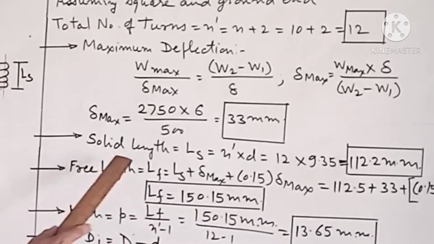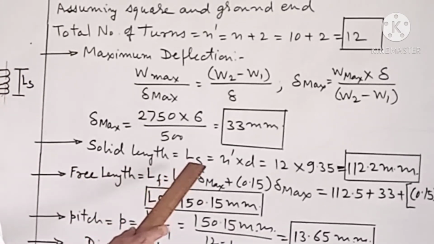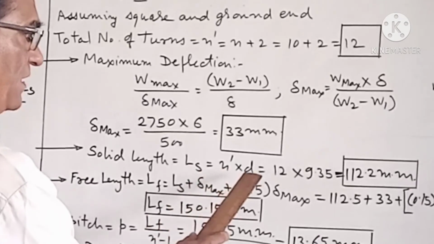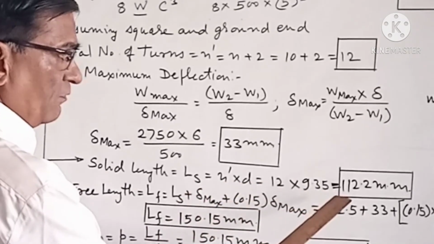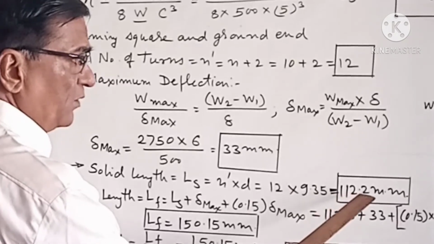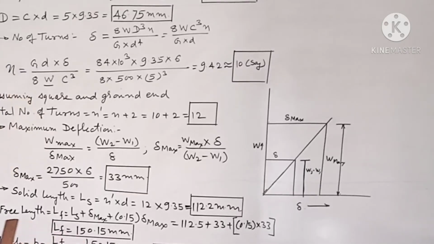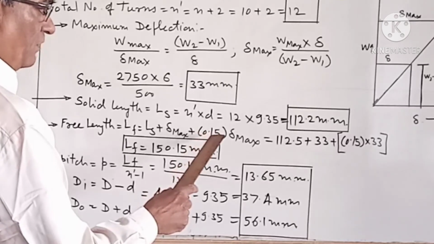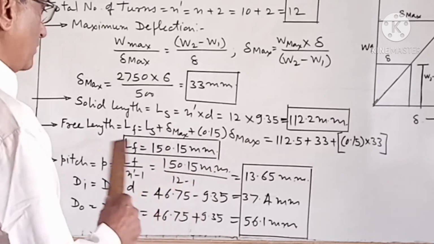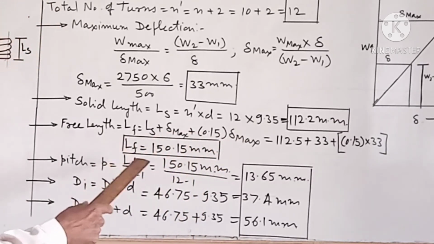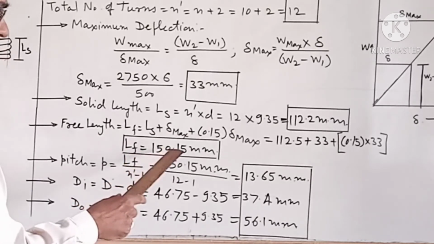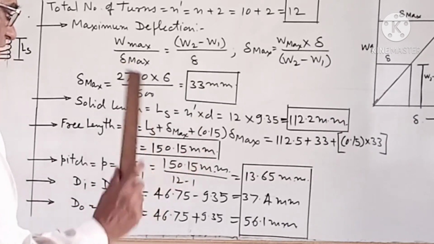Now solid length, from the formula we determine LS is equal to N dash into d. Putting the value of N dash and d, LS comes out to be 112.2 millimeter. And free length, from the formula LF is equal to LS plus delta maximum plus 0.15 multiplied by delta maximum, comes out to be 150.15 millimeter.